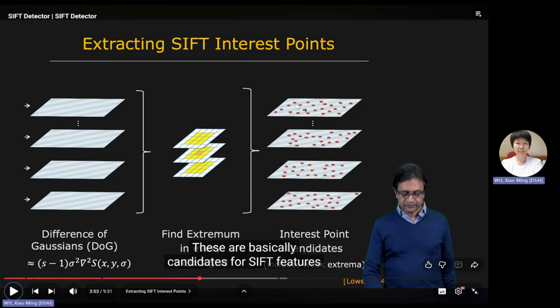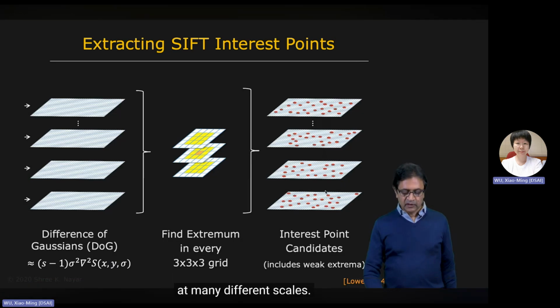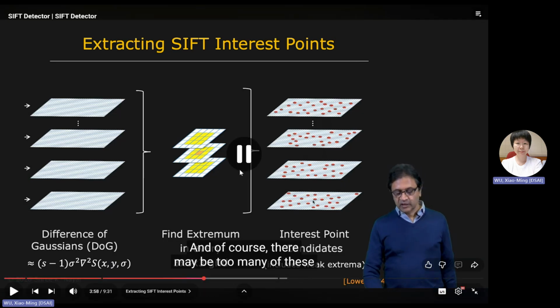The extrema can appear on different response maps at many different scales. And of course, there may be too many. If it appears on this response map, then the scale of the blob corresponds to the scale of this sigma.